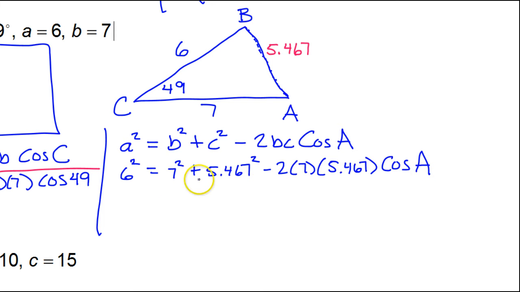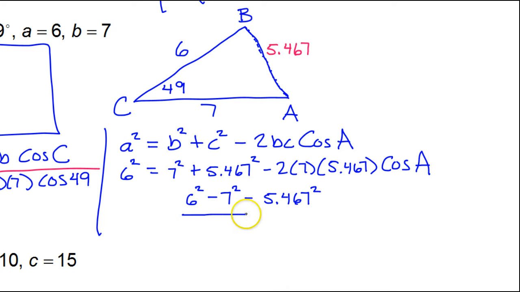So I need to subtract these two terms and then divide by this part of the expression. First I'm going to subtract these two terms, so that's 6 squared minus 7 squared minus 5.467 squared. Alright, subtracted these two.